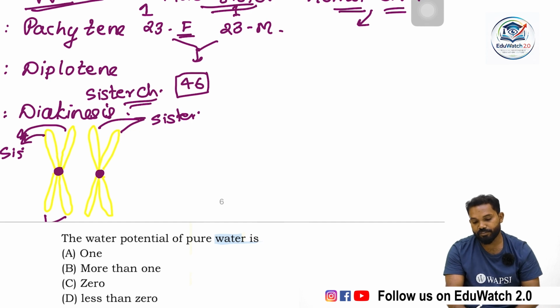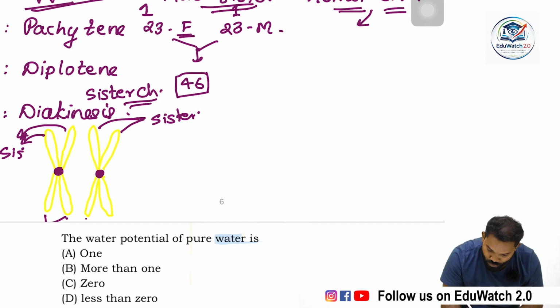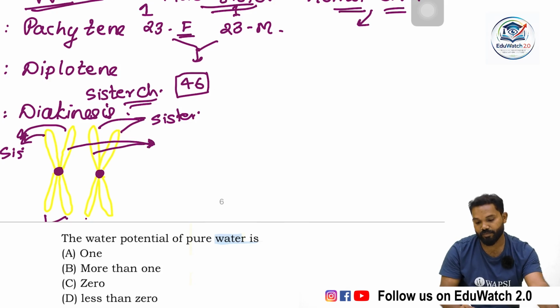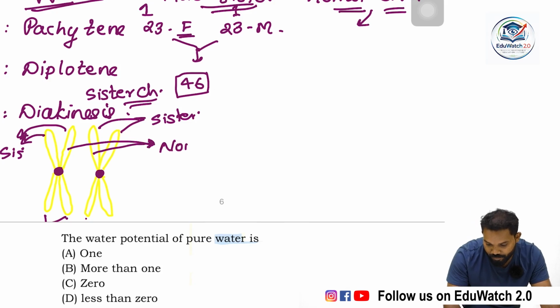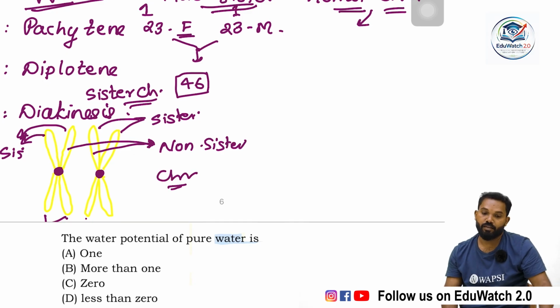And the chromatid of the first chromosome and the chromatid of the second chromosome are known as non-sister chromatids. So there are two terms, sister chromatid and non-sister chromatid.